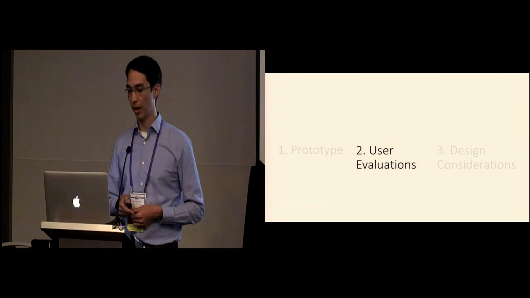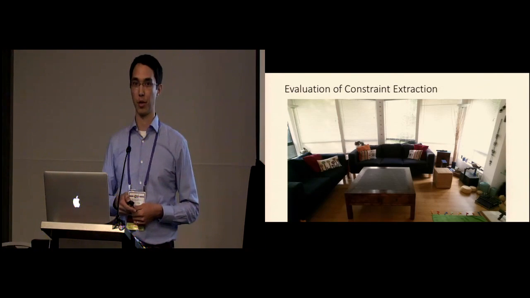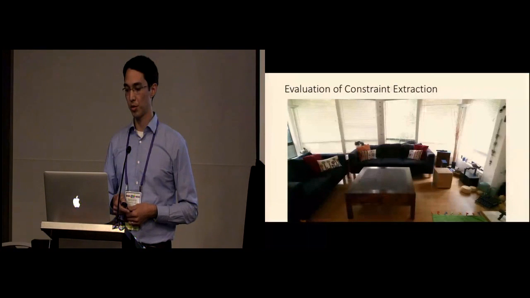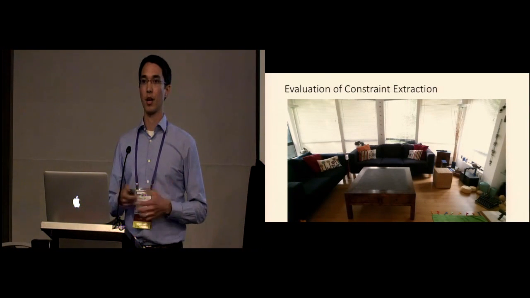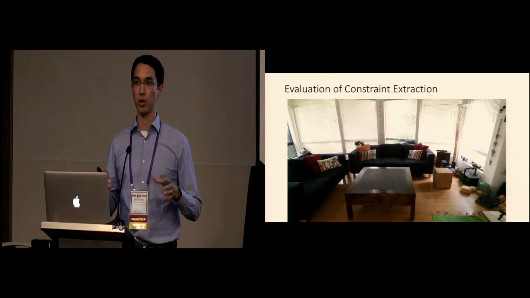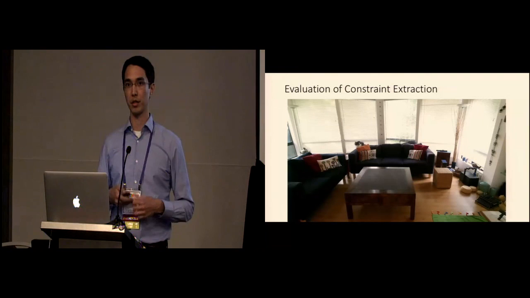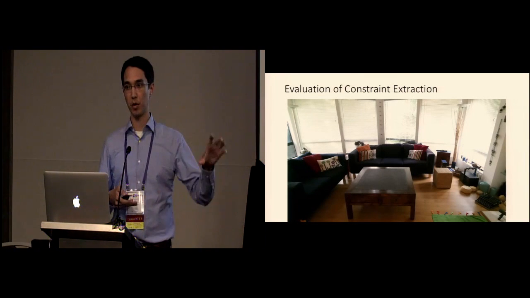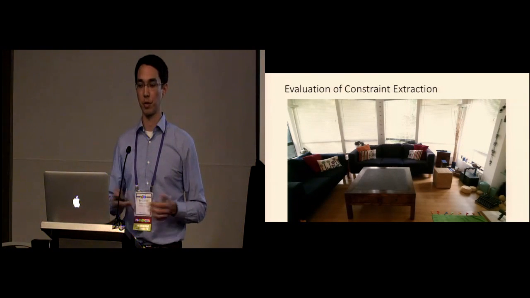So with that, now we can talk about some user evaluations. To evaluate the constraint extraction, there are many different types of lines and planes you can extract from the world, but we wanted to see what users thought would be good for snapping virtual content to. So we explained a simple scenario such as snapping your virtual application windows to different things in the scene.